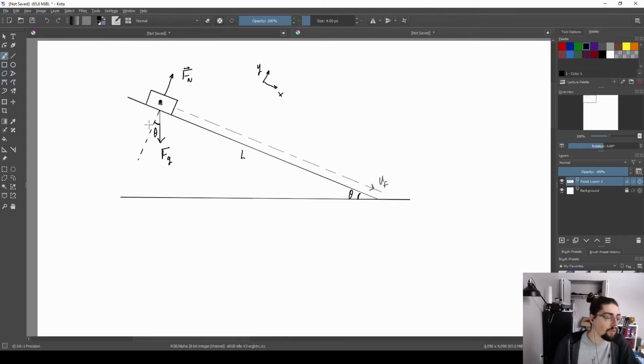I zoom in and go over that in a little bit more thorough detail. So, of the variables that we are given, we know m, we know L, we know theta, we know the initial velocity is 0. We're asked to find what is the final velocity in this case.